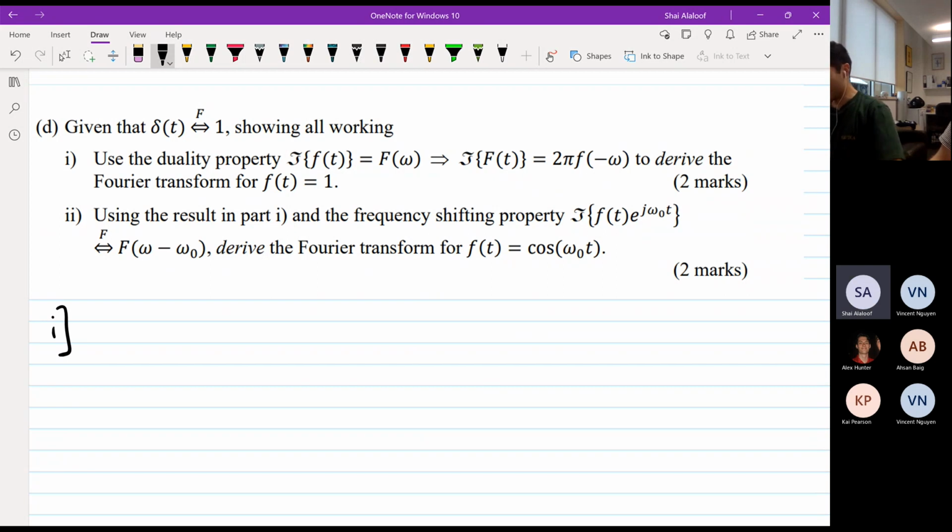Okay, so again, this one is pretty weird, and a lot of the times it's kind of uncomfortable to use dualities because it's got this weird implied symbol, and it's like, what do we do? But it's okay. I'm going to write the duality property.